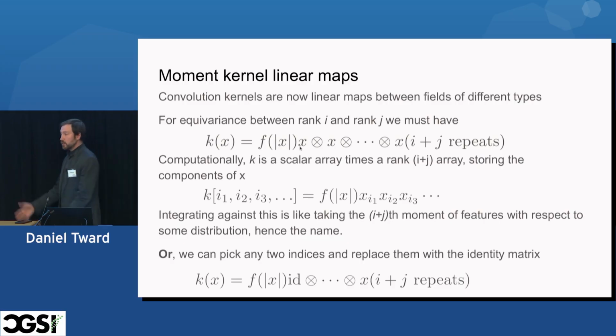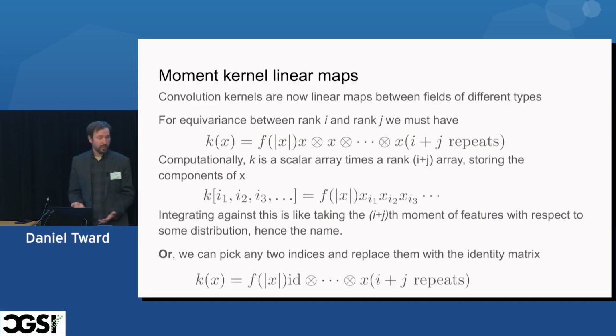And the vector or matrix or tensor components are all just these products of the components of x. So we only have to learn one radially symmetric function with a few parameters, and then all the details of orientation are just copies of x one after another. That's one such moment kernel.